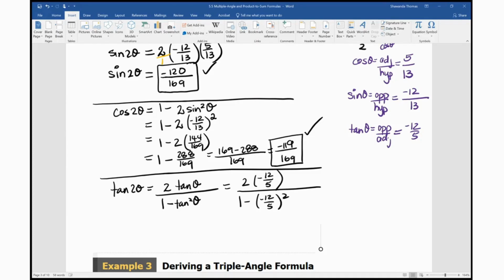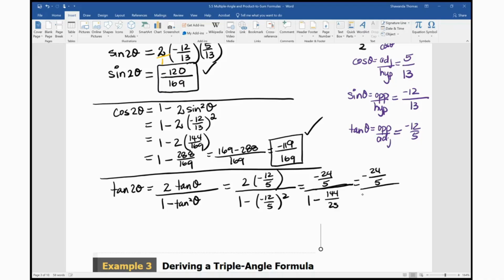All right, let's look at the numerator. What is 2 times negative 12 over 5? Negative 24 over 5. Correct. Then we have 1 minus it in the denominator. We need to square negative 12 over 5. When you square it, what do you get? 144 over 25. Correct. So that's negative 24 over 5.